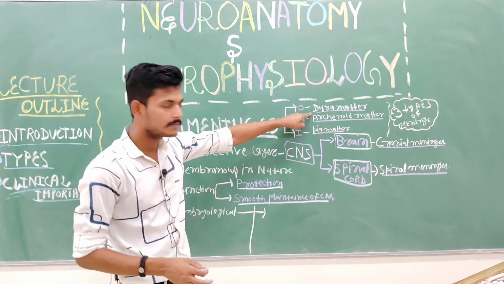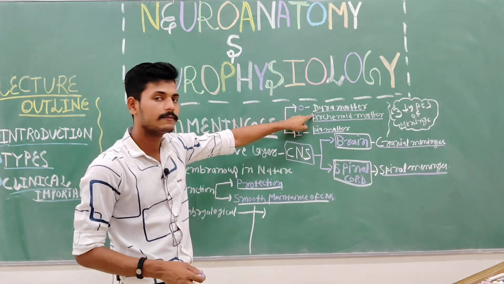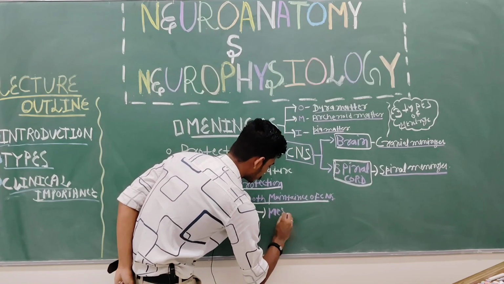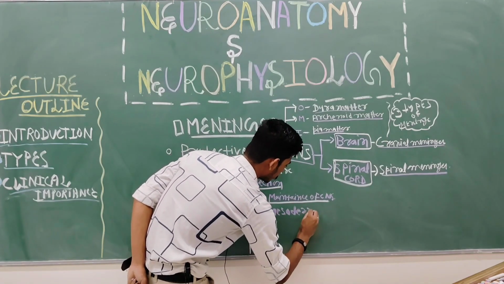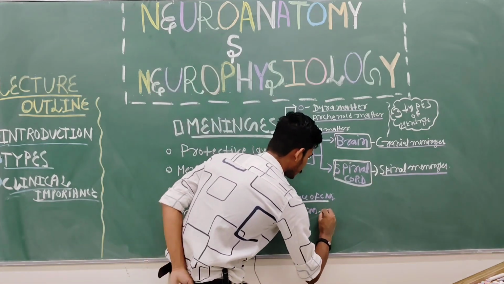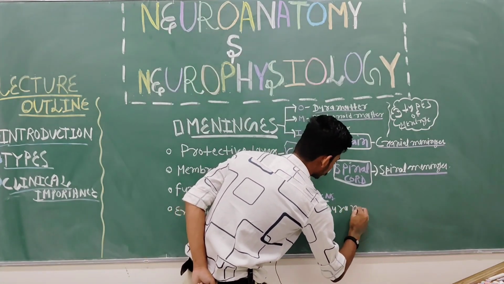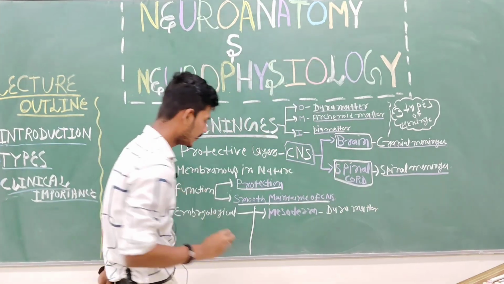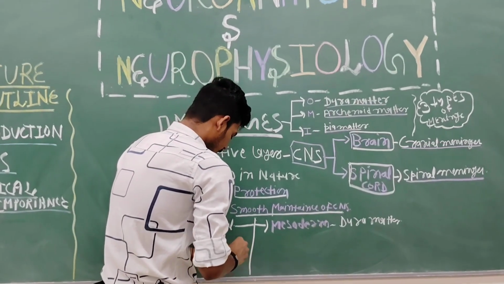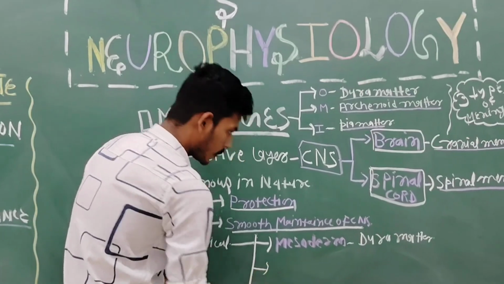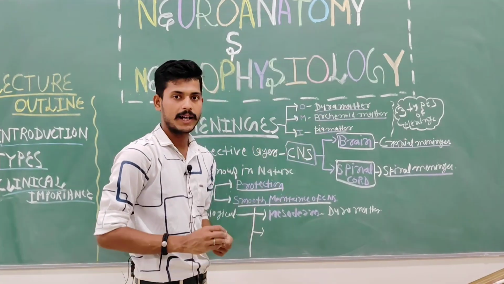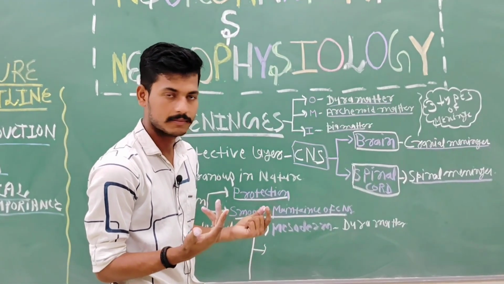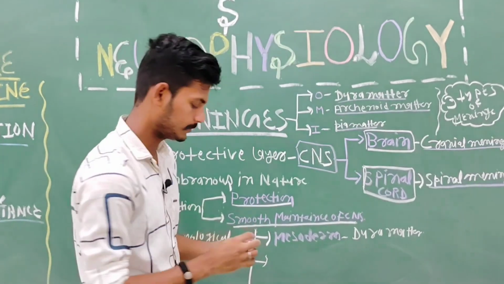The dura mater develops from the mesoderm. Write it down. Now the other two layers, that's your arachnoid mater and pia mater, their origin, or we can say their embryogenesis, is the same. They are derived from the ectoderm.